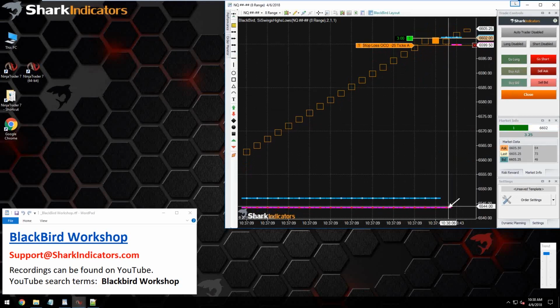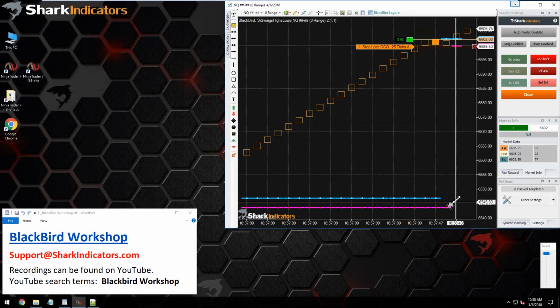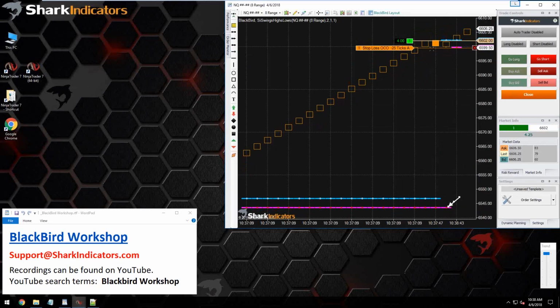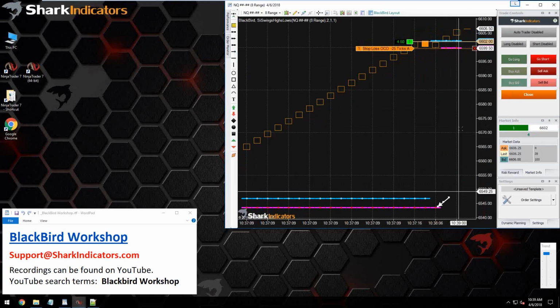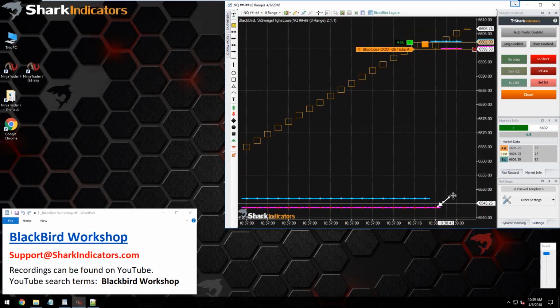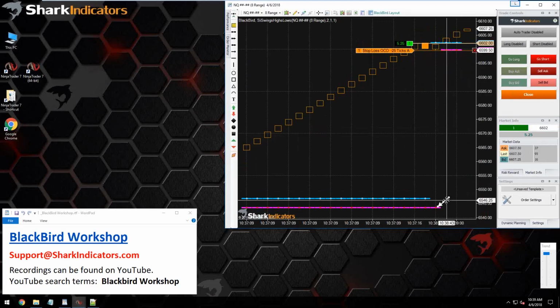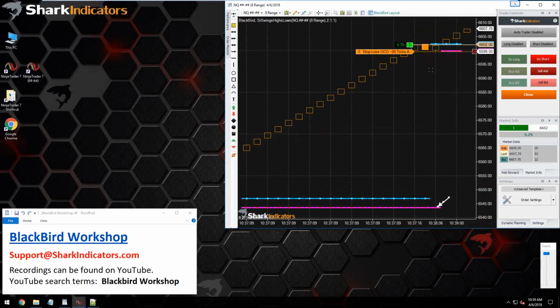That swing low is much too far away, and that 25 tick offset was a lot closer. So there's kind of a trade-off there when you're using an indicator to set your stop loss.